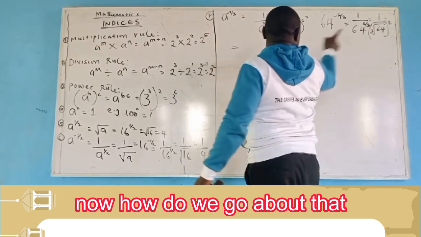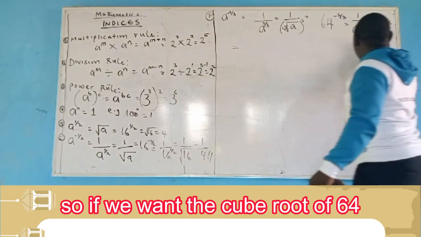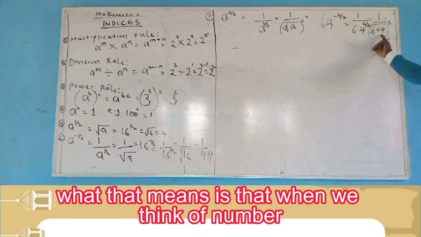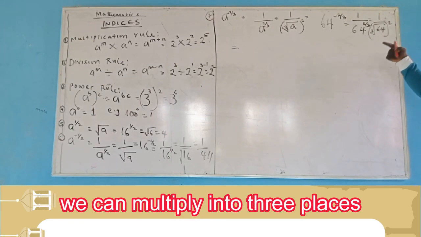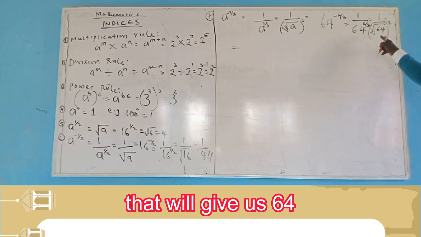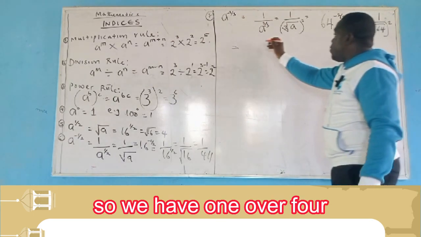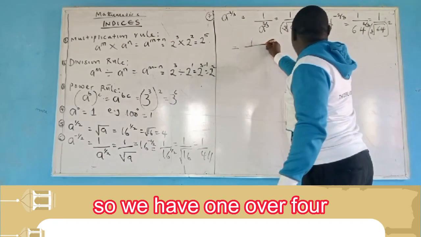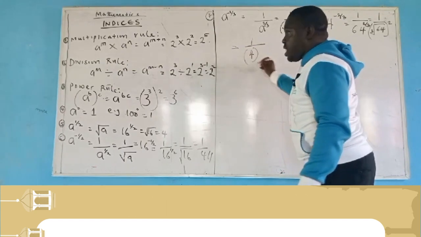Now, how do we go about that? So we say, what's the cube root of 64? What that means is, we look for a number that multiplied in 3 places will give us 64. So we have 1 over 4. Do not forget, that's the cube root.